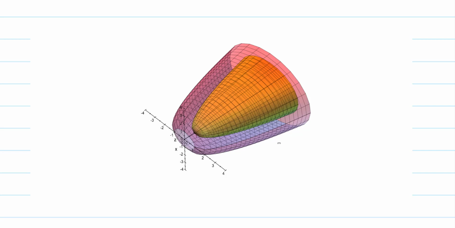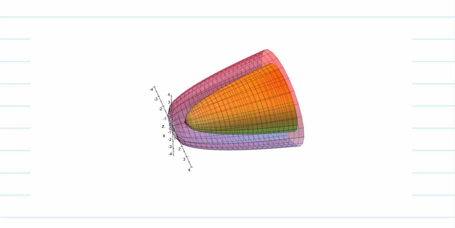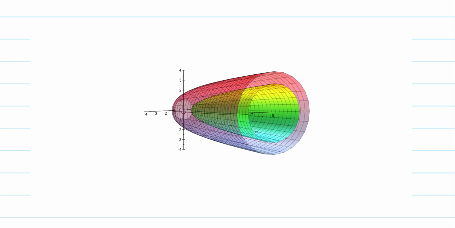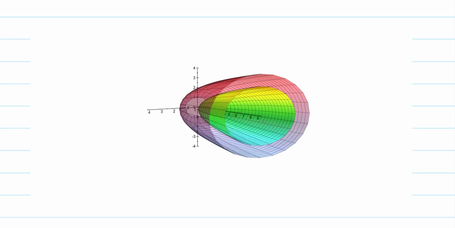Okay, so there's our curves rotated about the y-axis, and as we can see, they form a three-dimensional shape. So this red shape here, that's our outer function, the f of x rotated about the y-axis, and we want to find the volume of that one first, and then we can find the volume of the smaller shape, which is that yellowy green one, and then we'll subtract the volume of the smaller shape from the larger shape, and then we'll be left with the volume of the solid.